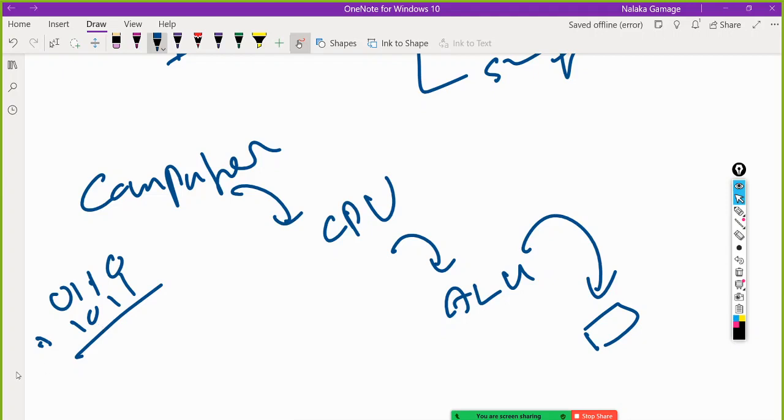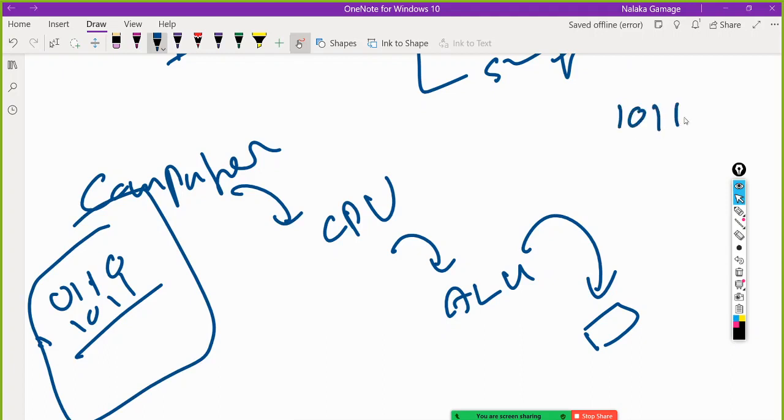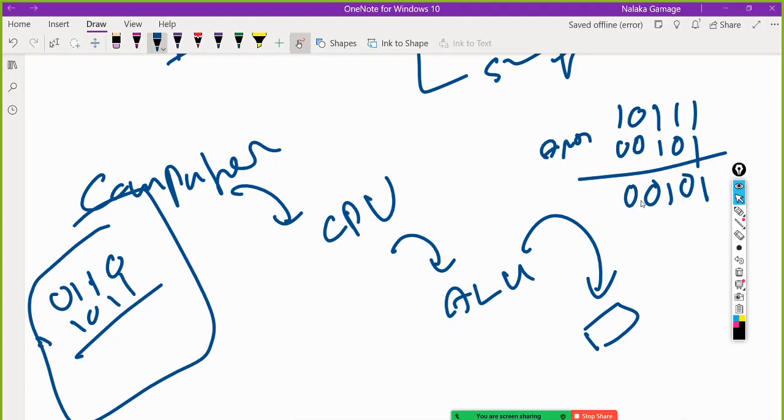Now, if you look at this very closely, the answer must come to your mind. Look at 1011 and 0101. Say I want to do an AND operation. 1 and 1 is 1. 1 and 0 is 0. 1 and 1 is 1. 0 and 0 is 0. 1 and 0 is 0.